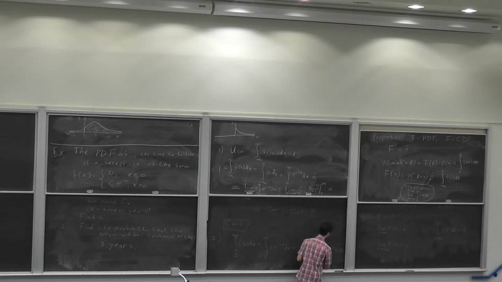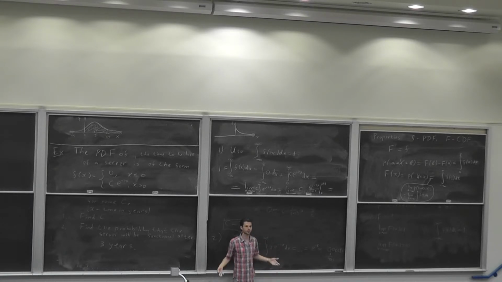Or if you want a more intuitive understanding of probabilities, you can write it as 1 over 400, which means that if you repeat this experiment 400 times, only one time out of 400 should you expect your server to last more than 3 years.